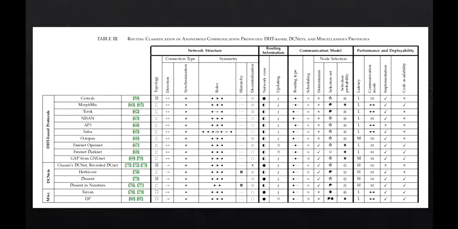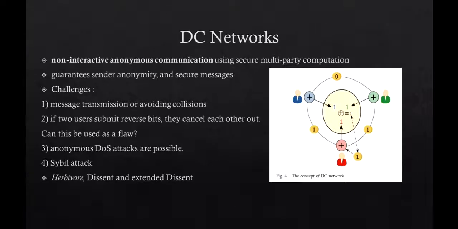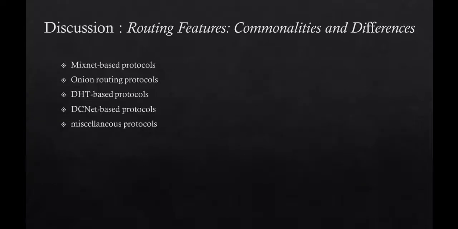The next is DC nets. In that, we'll talk about Herbivore. In Herbivore, participants are organized in star topologies, which are then connected in a ring topology. Do you remember the diagram where I showed the ring topology? Yeah, we'll be discussing this.